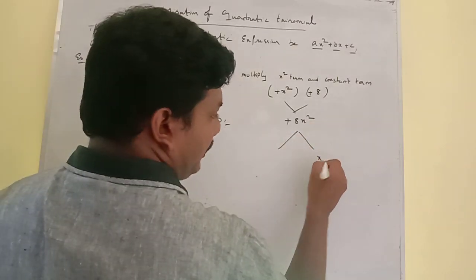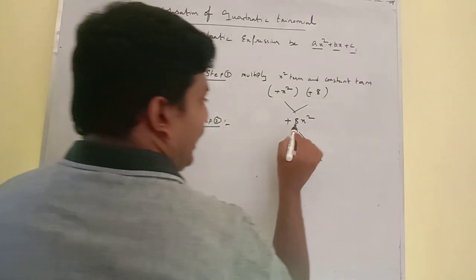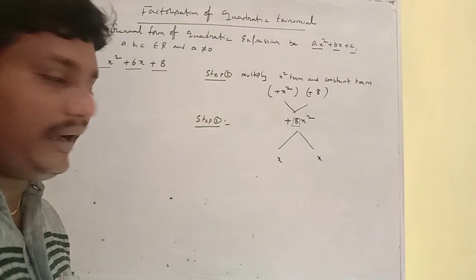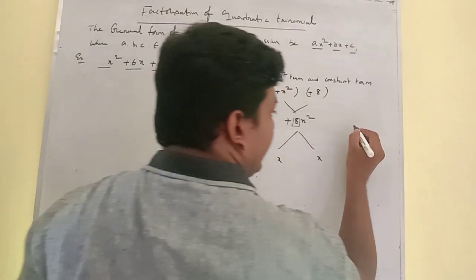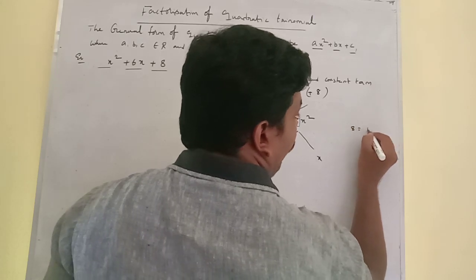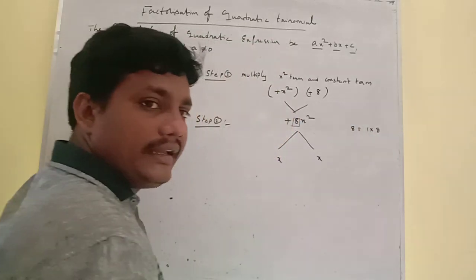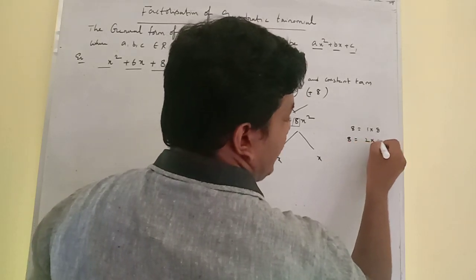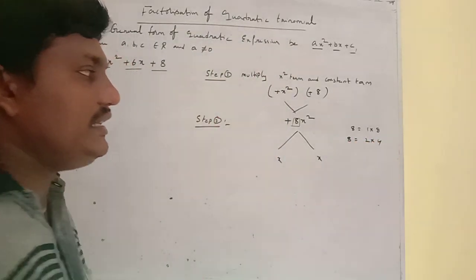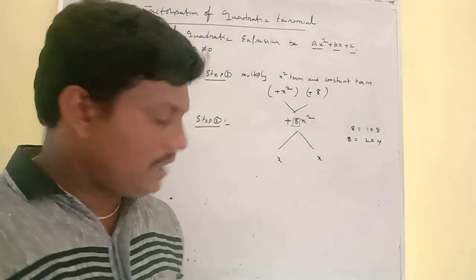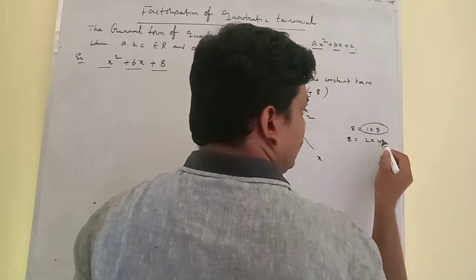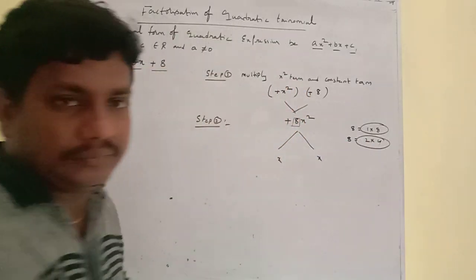Now x square will be split into x into x. Now the number 8: its factors are 1 into 8, since 1 eight is 8, and 2 into 4, since 2 fours are 8. These are the two possibilities of factors of 8.